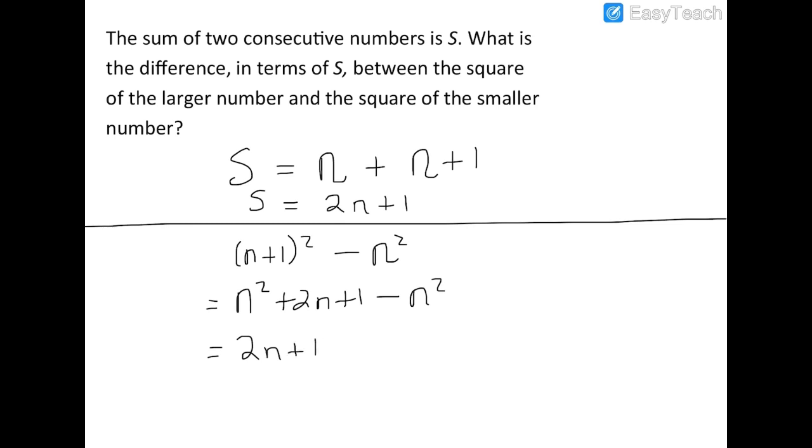And what is 2n plus 1? 2n plus 1 is basically our s. So in terms of s, the difference between the squares of two consecutive numbers will just be equal to s as the answer.